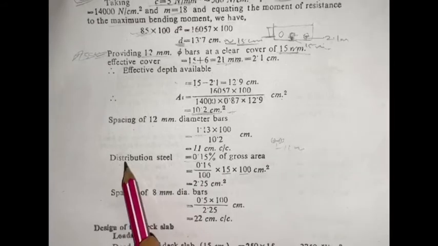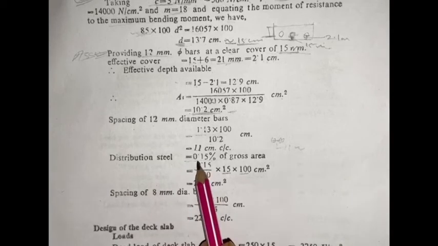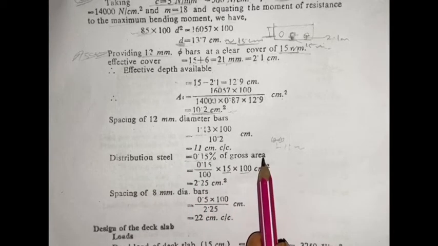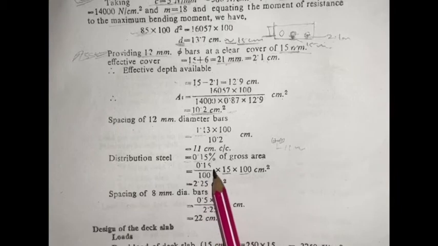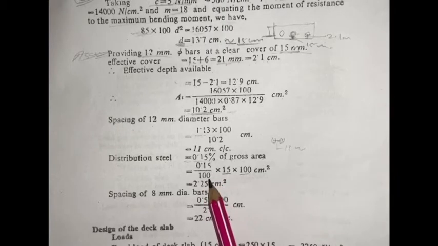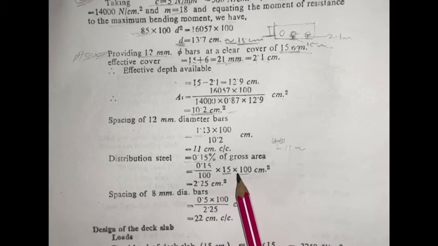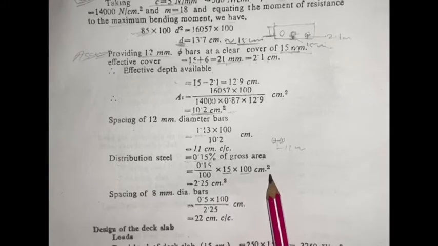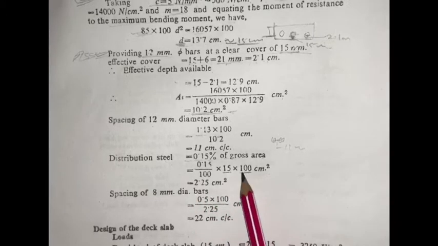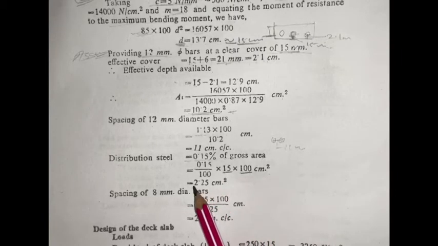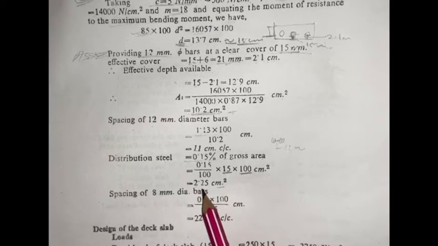Okay. Now for the distribution steel, that is 0.15% of the gross area. So we have 0.15 divided by 100 into 15 into 100 centimeter square. We have taken 1 meter, so 100 centimeter, and this is the depth of the slab. So we will get 2.25 centimeter square.